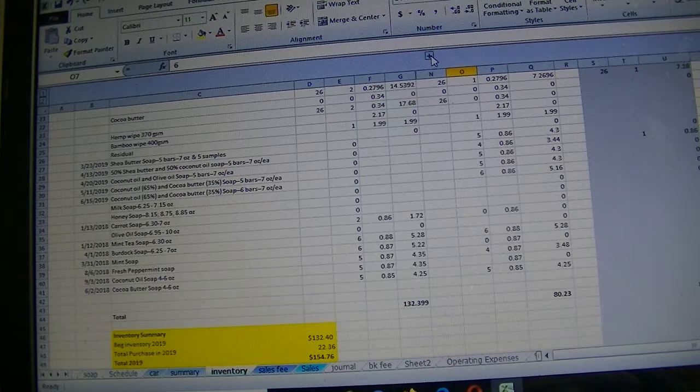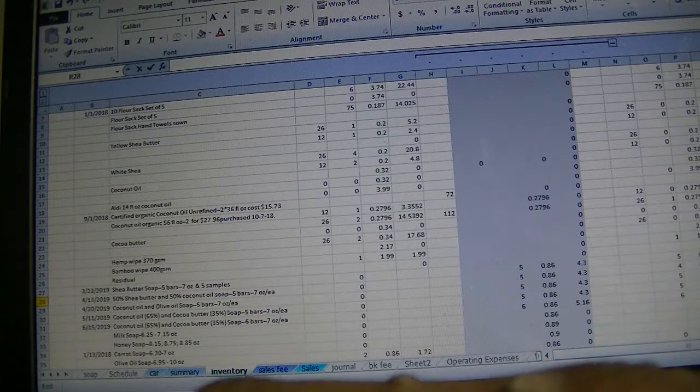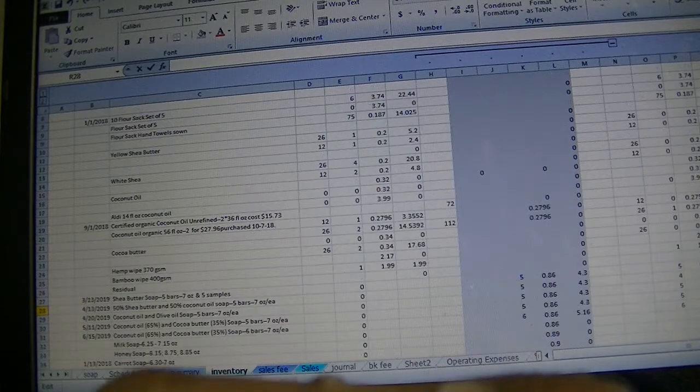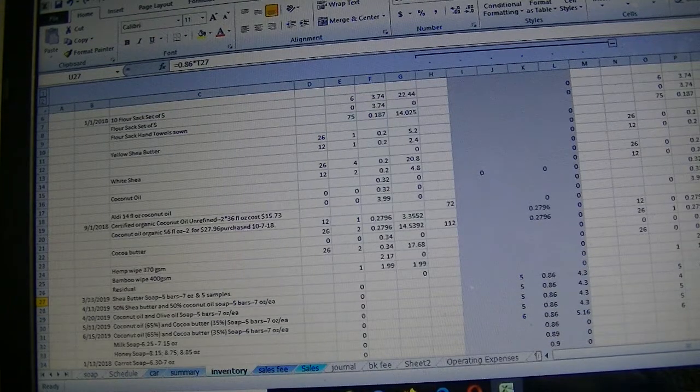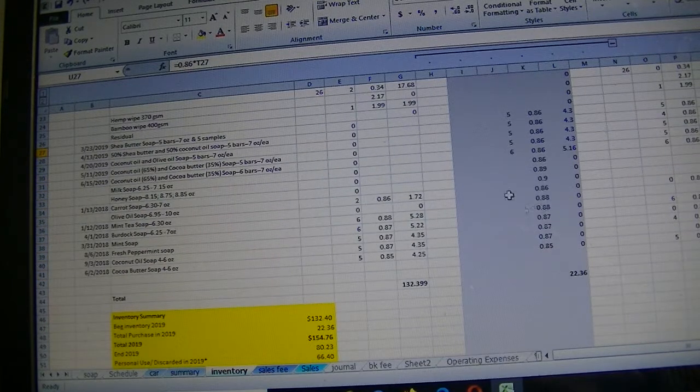And during the year, the soap that I made during the year will be under the purchases section pretty much, because that's the during-the-year category. So they will be here with the unit price, and the ones that were made in 2018 will be at the start of the year with their unit price, and the ones made in 2019 will be in this section.